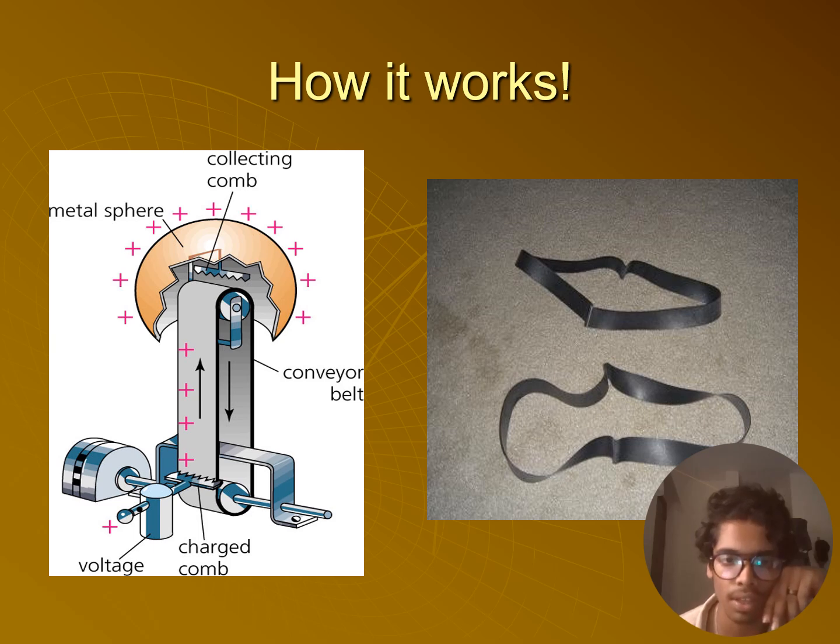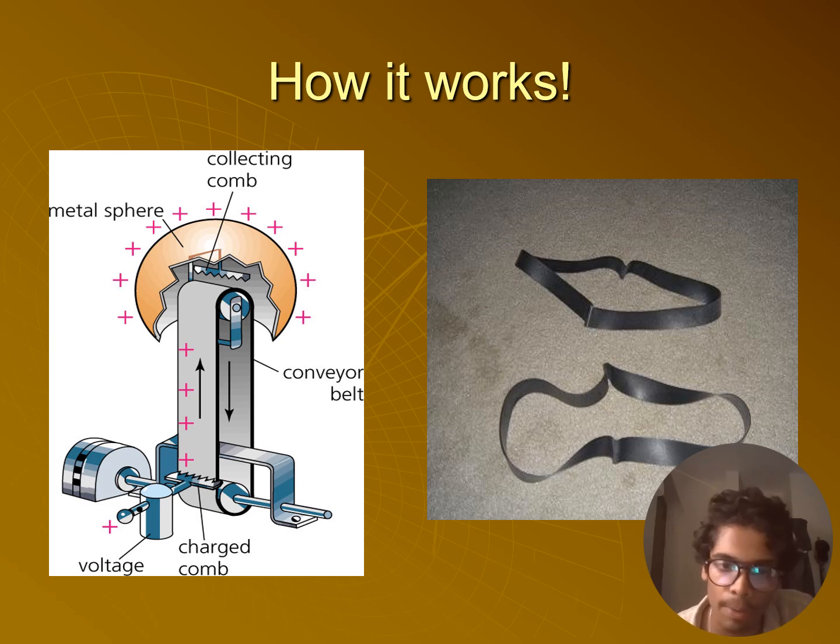Since it is positively charged and the comb is neutral, the comb becomes negatively charged, and there is an electric field in between here. It tries to attract these electrons, and the positive charge in the comb flows out from here into the metal sphere.